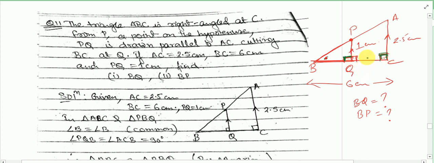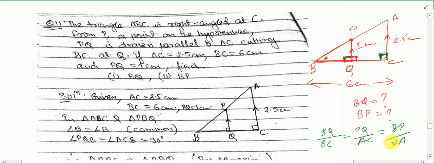Therefore this small triangle PQB and the bigger one ACB are similar to each other, and once they are similar, corresponding sides are going to be proportional. That means corresponding to BQ will be BC, corresponding to PQ will be AC, then BP upon BA, they are going to be proportional.